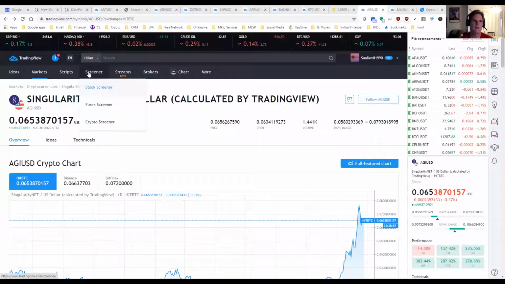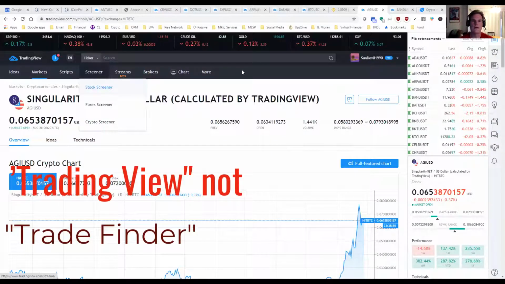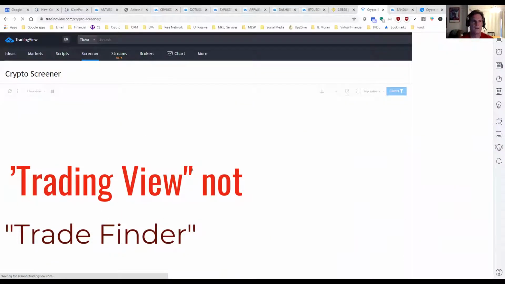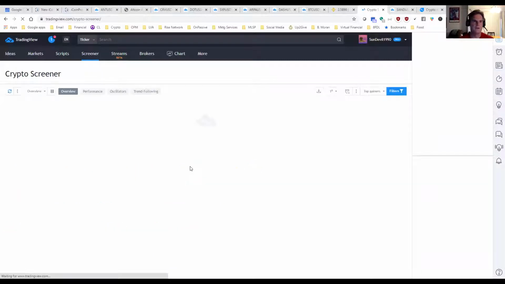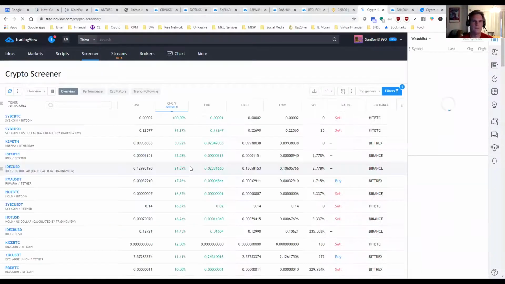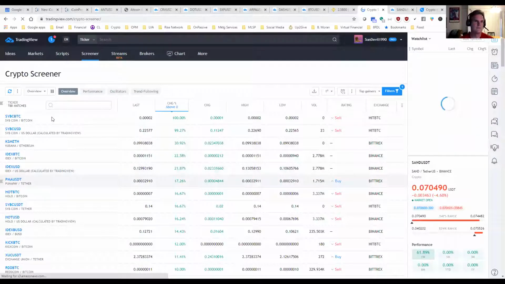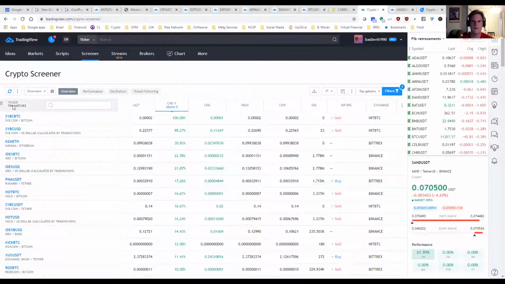I'm going to share my screen and go over to the Trade Finder screener. This is your Trade Finder window, the crypto screener. And it usually defaults to an overview, and it sorts, here's over 700 coins.